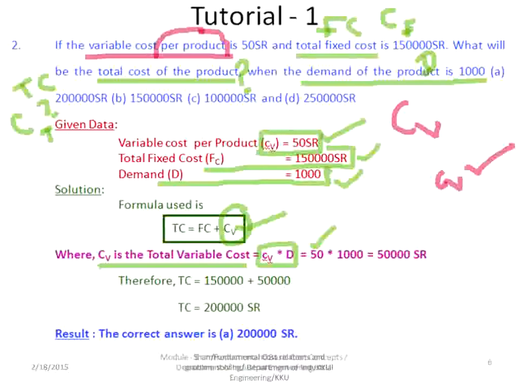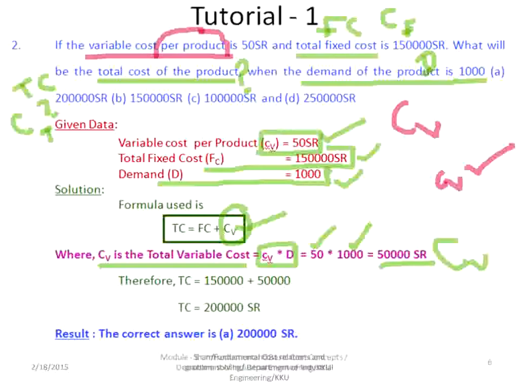So small CV is given here as 50 Saudi Riyal multiplied by the demand, 1,000. So you're going to get 50,000 Saudi Riyal. This is capital CV, that is total variable cost.